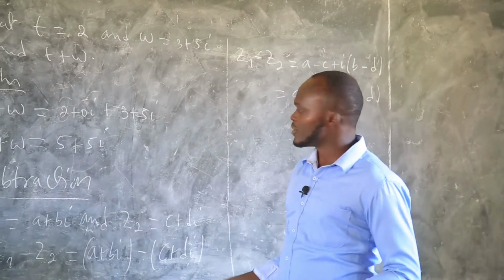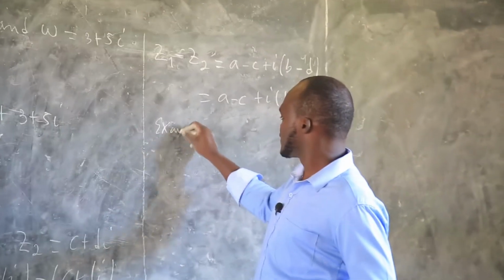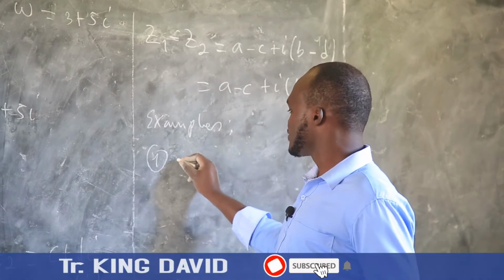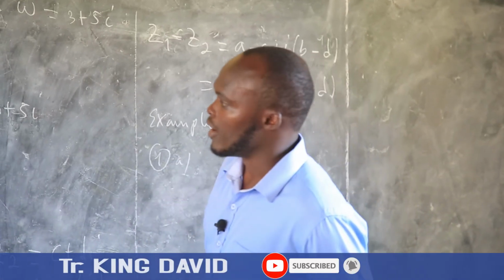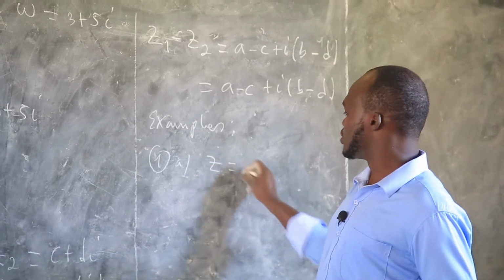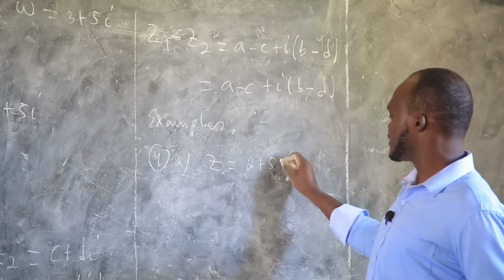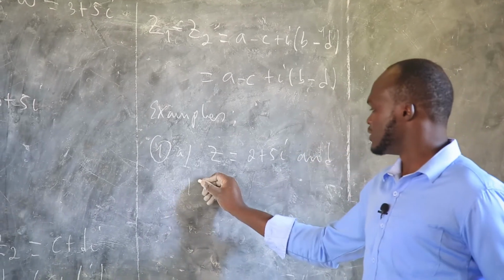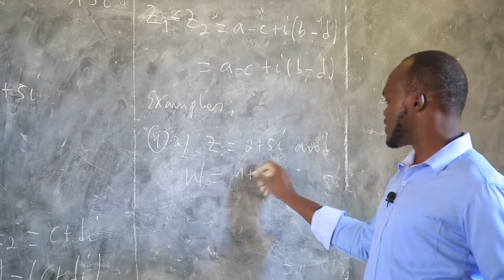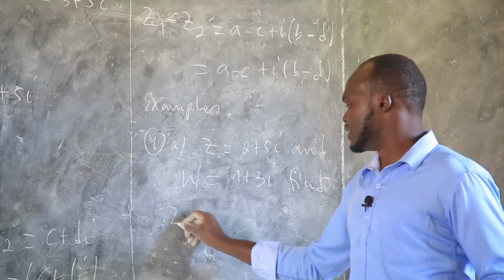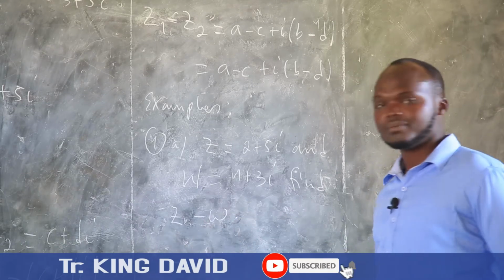So let us take examples. 1a: we have z equal to 2 plus 5i and w equal to 1 plus 3i. Find z minus w.